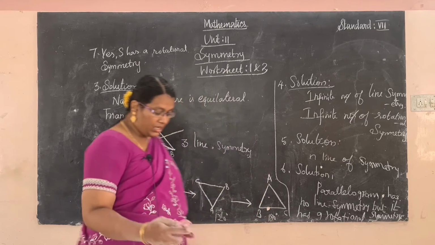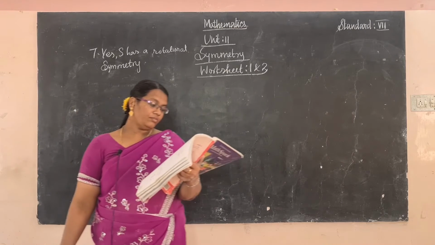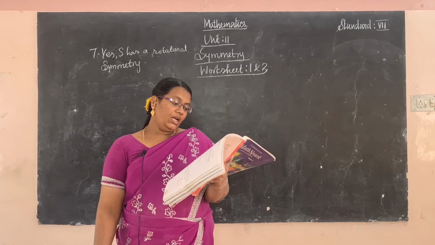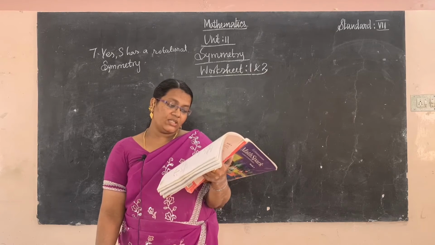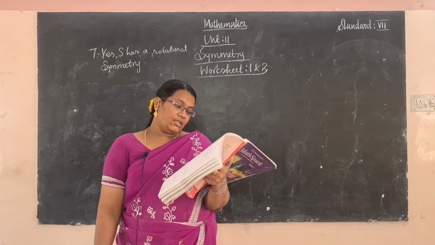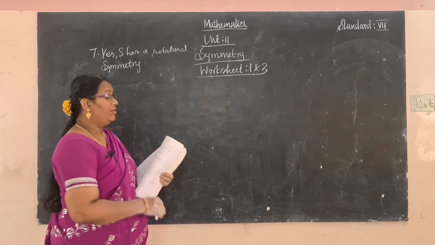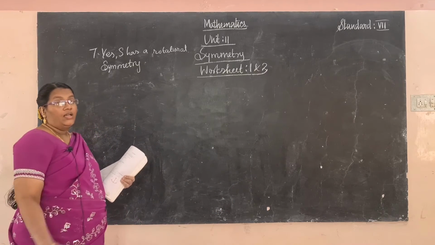Now see the 9th and 10th. Ninth one: name 3 letters of the English alphabet which are symmetrical about both their vertical axis and horizontal axis. We also wrote this in the exercise problem.